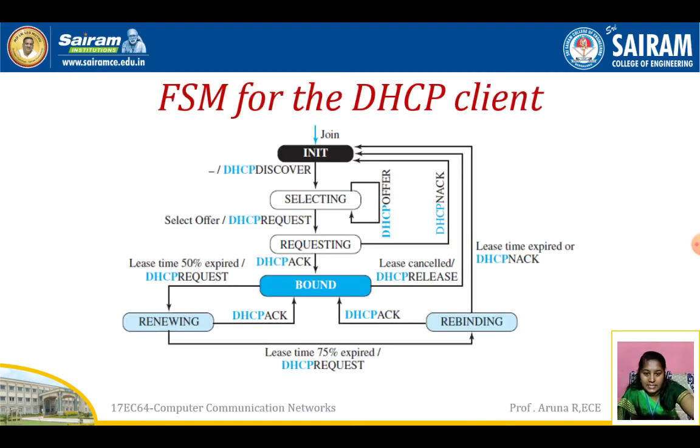Then, using the DHCP operations, we have the finite state machine to explain how DHCP actually works. The FSM for the DHCP client has the initial state, then select, then request, then renewing, rebinding, everything. So you can see in detail what operations are going on in DHCP. You can write and explain.